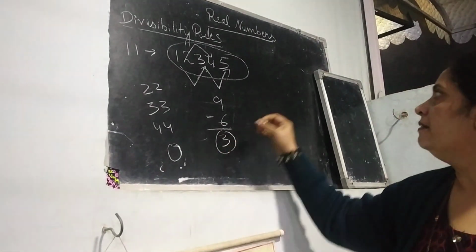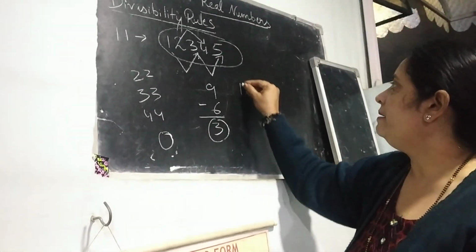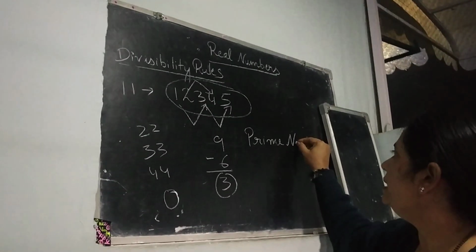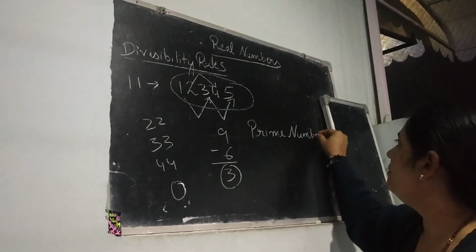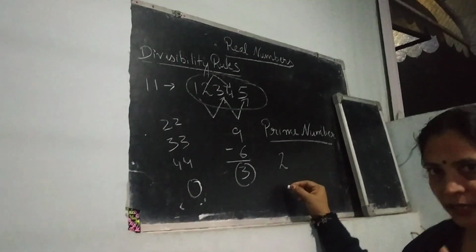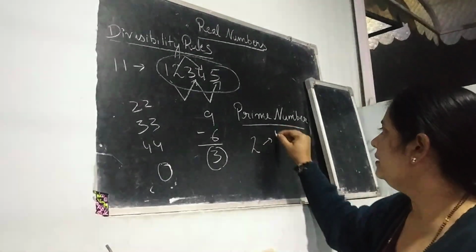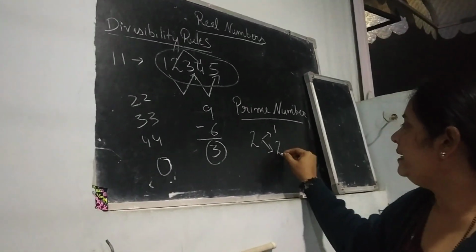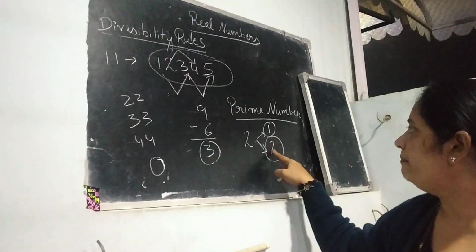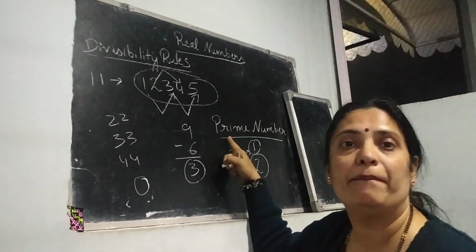Now another thing, prime number. What is a prime number? A prime number is a number which has only two factors, 1 and the number itself. Like 2, it has only two factors, 1 and 2.